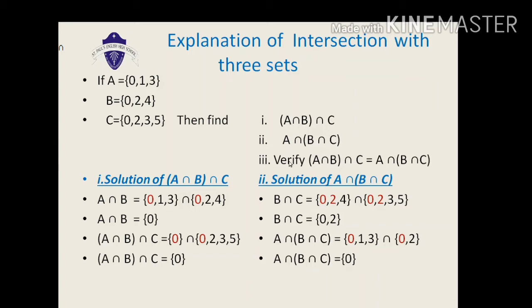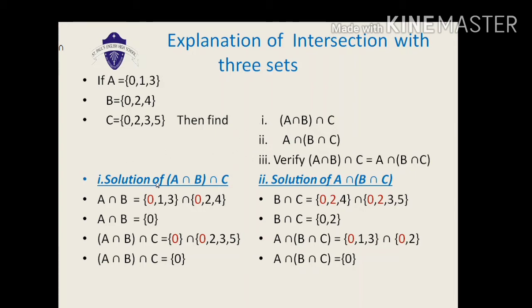Number 3: verify (A ∩ B) ∩ C = A ∩ (B ∩ C). Dear class, in this question three sets are given, set A, set B and set C, and these three things we have to find in this question.